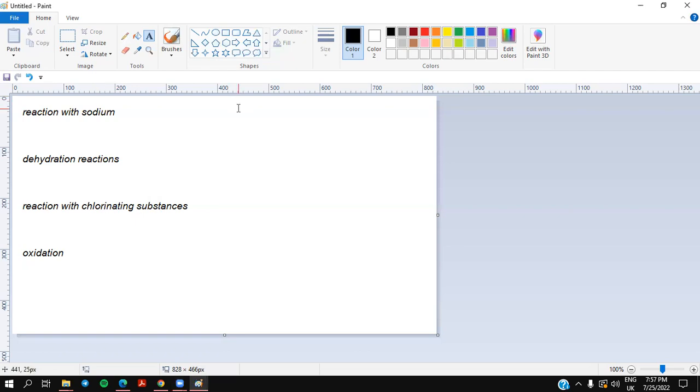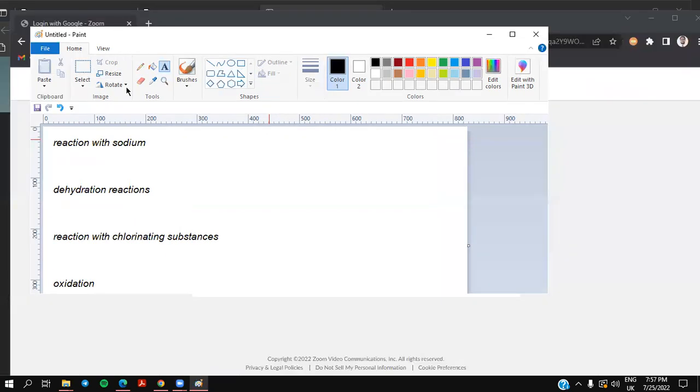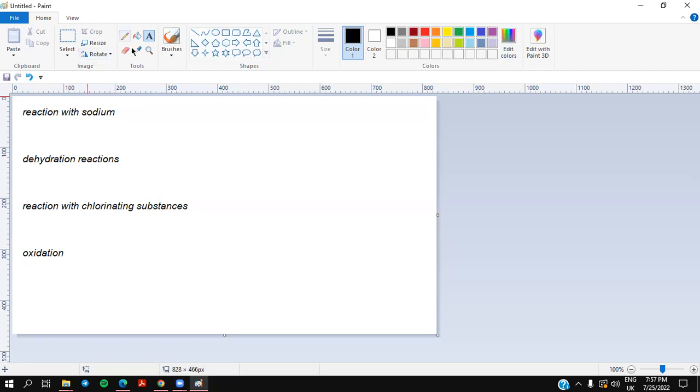Alcohols are a special type of compounds having the OH functional group. And this OH functional group of alcohols participates in chemical reactions differently. If you think about the very first reaction with sodium, I'll explain using an example.